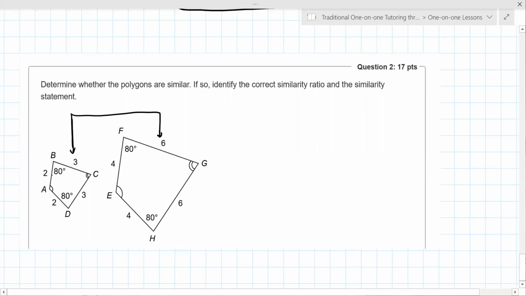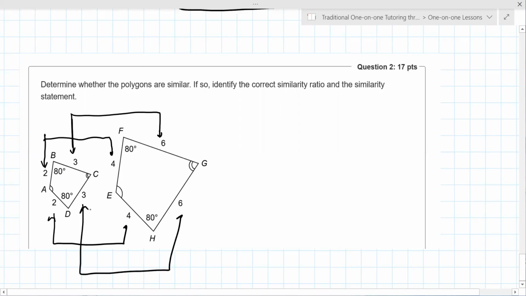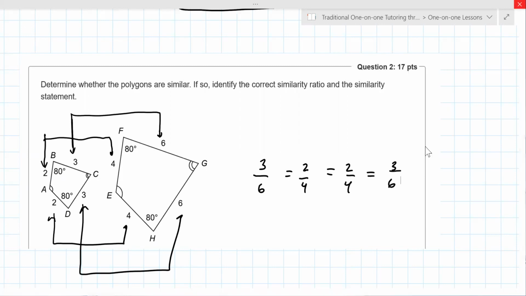This 2 goes with this 4. This 2 goes with this 4. This 3 goes with this 6. So are they similar? Yes, because you could say it's 3 over 6 equal to 2 over 4 equal to 2 over 4 equal to 3 over 6. So the answer is yes.